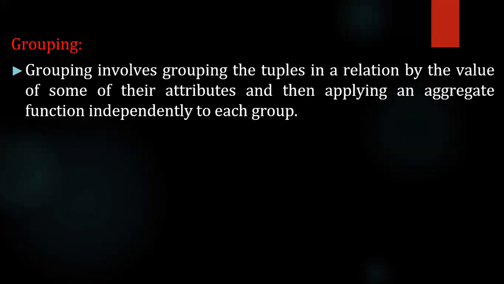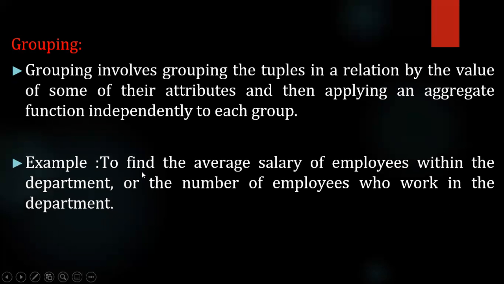Then we apply the aggregate function to each group. Here I have an example: to find the average salary of employees within the department, or the number of employees who work in that particular department.